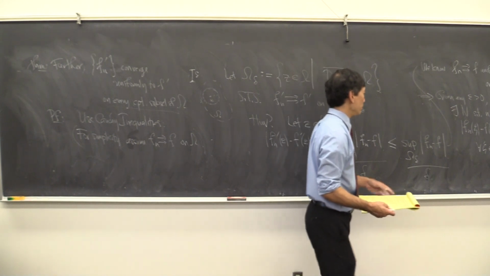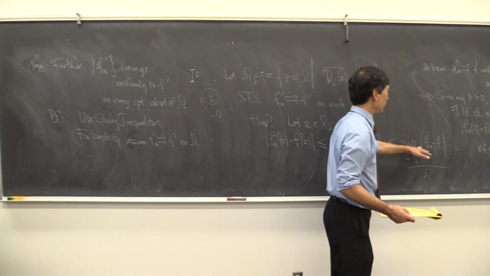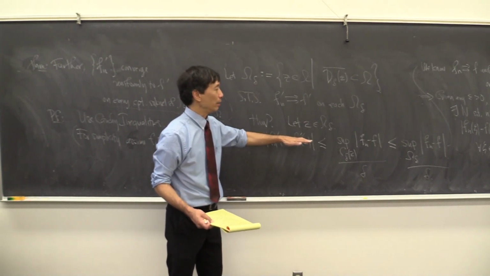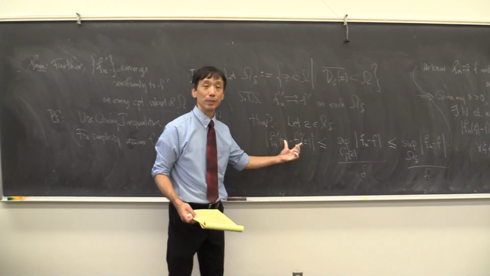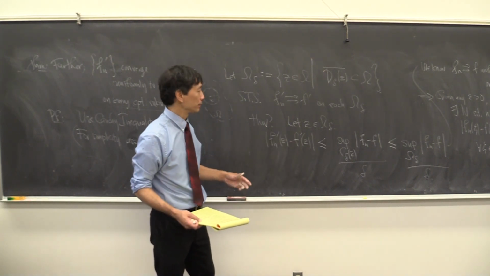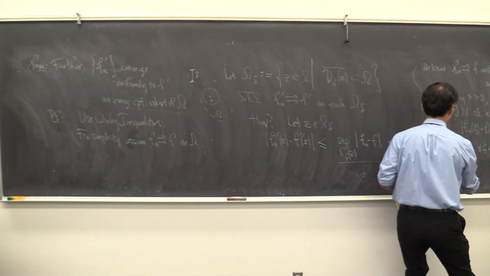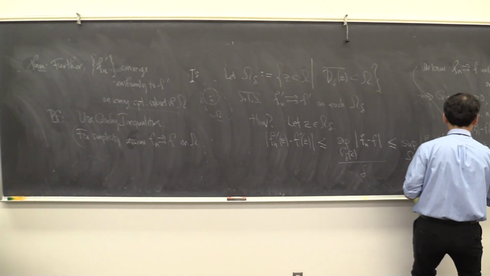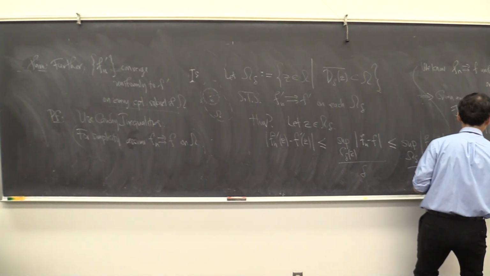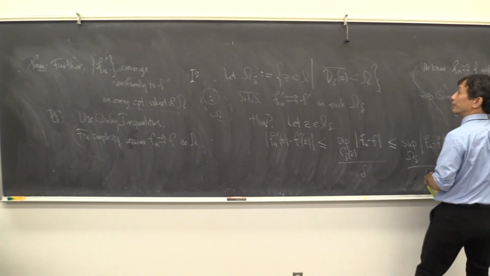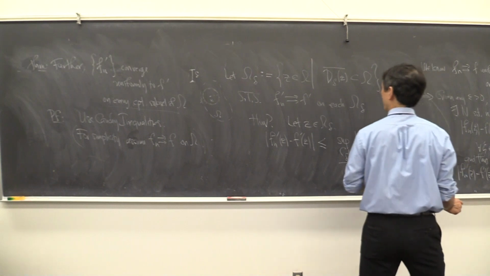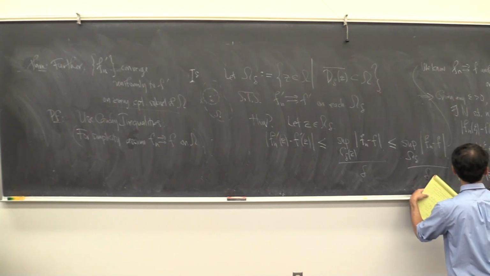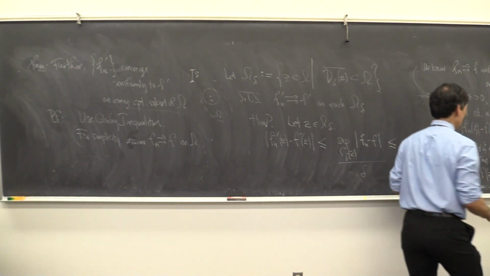So we can find an n past which this difference is smaller than epsilon. In other words, we have uniform convergence. And thus Fn prime minus f prime is smaller than epsilon uniformly for all z in omega delta.